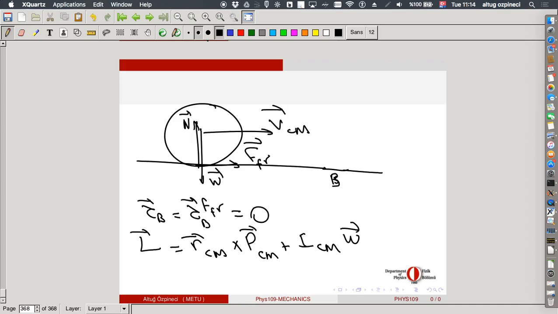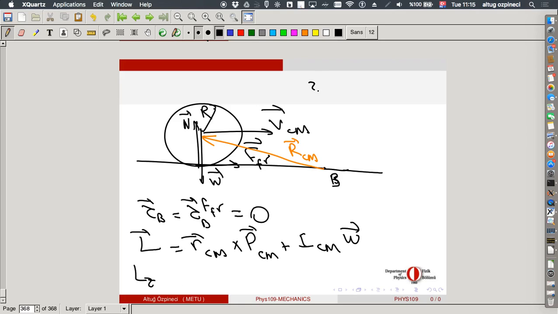So what is the angular momentum of this object due to this term? Well, let's say this vector. Let's define that as our center of mass, and the sphere has some radius. So let's calculate this term.